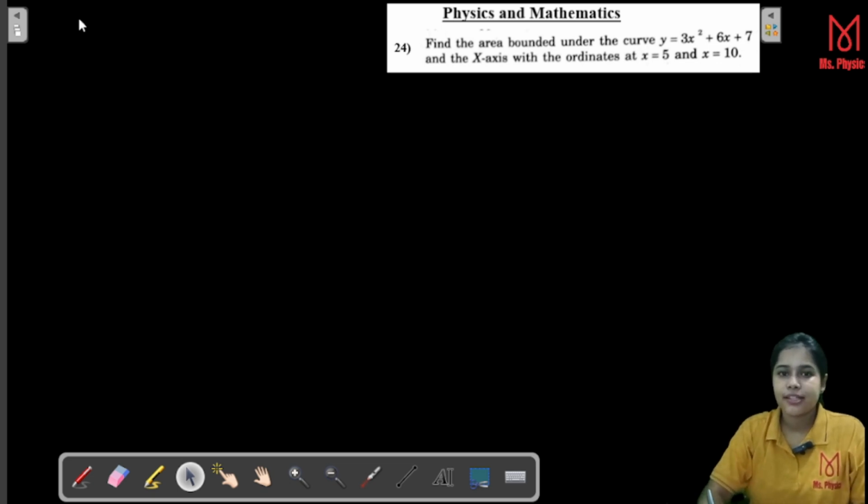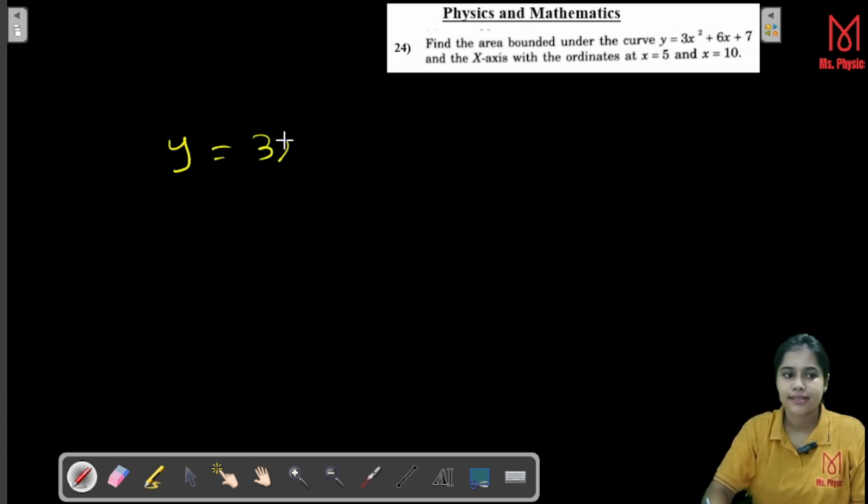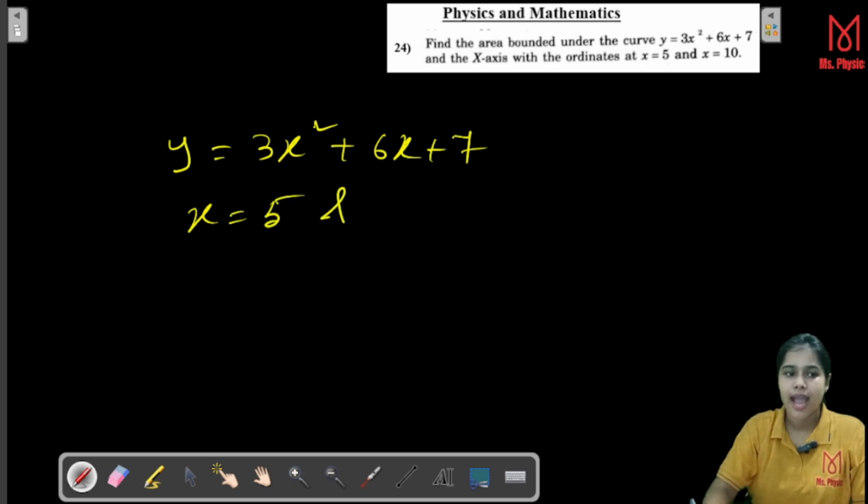Next is the 24th numerical. Find the area bounded under the curve y = 3x² + 6x + 7 and the x-axis with coordinates x = 5 and x = 10. That means the limits are given.